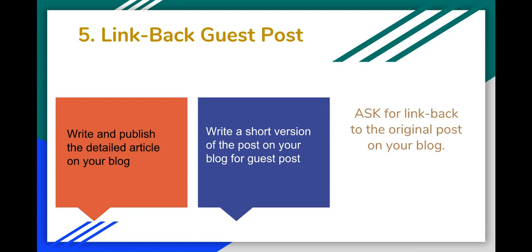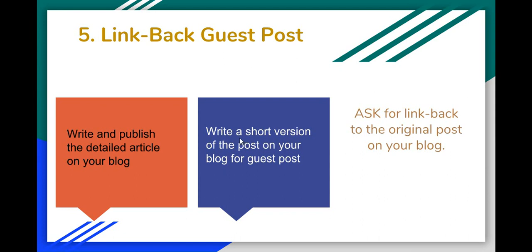And when you have a mutual agreement on this, you definitely get link juice from the blog, and you're getting traffic to your blog, and you're becoming an authority. One of the good things about this is that when you write an original article and publish it on your blog, and you write a short version, these are two different articles but very related.